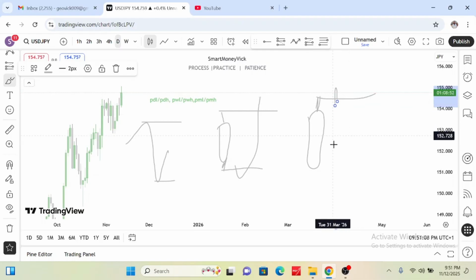We want to be selling until this low is taken, because once a high of a previous weekly candle is taken, confirmation given on the lower time frame, we want to keep selling until this low is taken out, because the next target is what? The opposing side draw on liquidity.